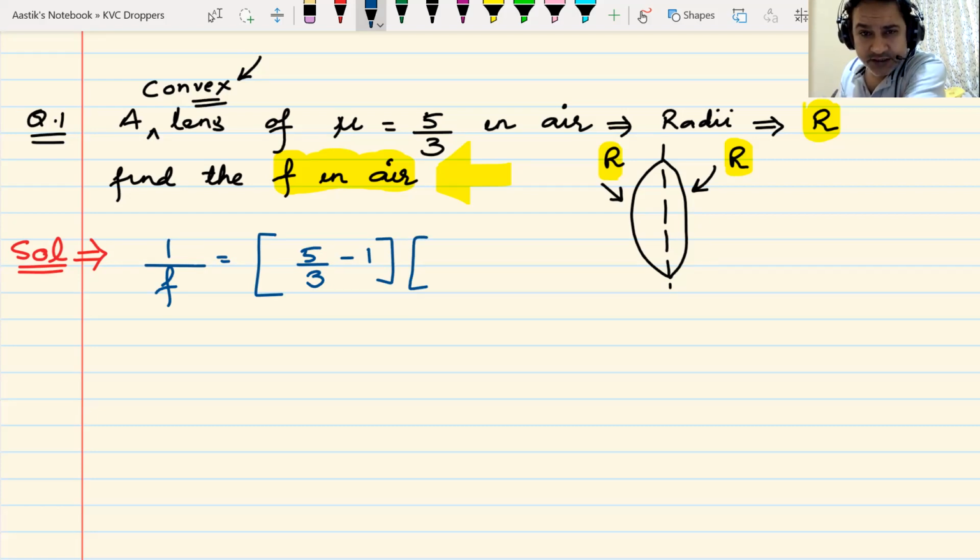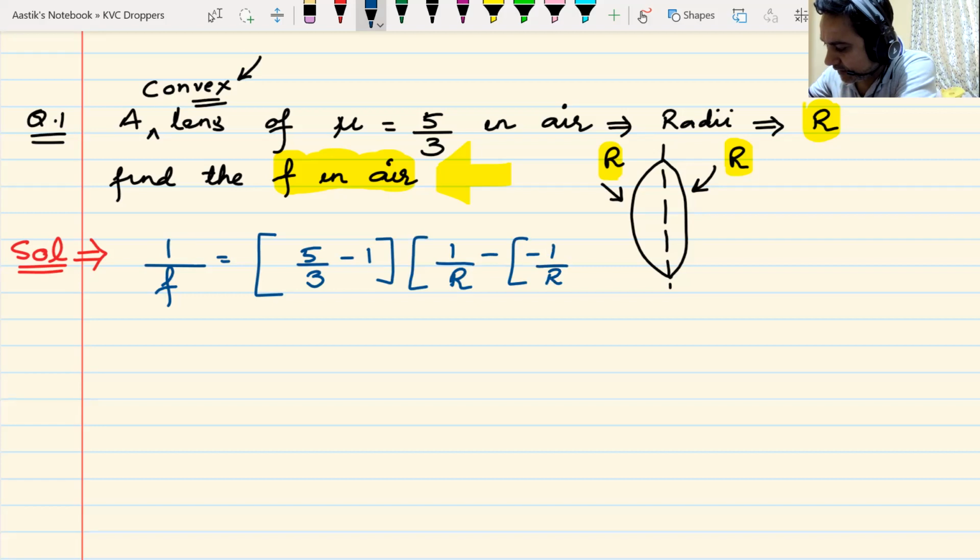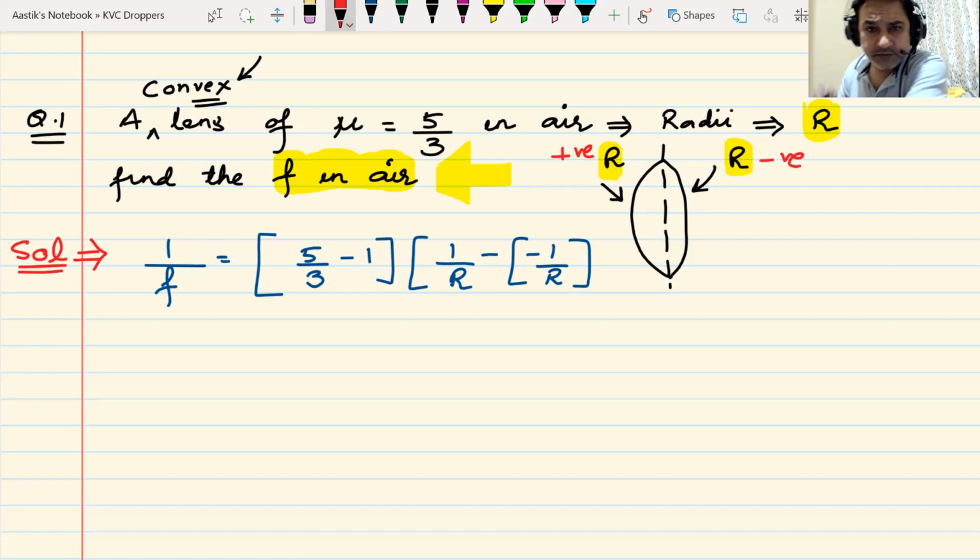Is it positive or negative? This r would be positive, yes or no? Yes, sir. Minus 1 by r2. Now r2, is that r positive or negative? It is negative. Do we understand this? This r is positive and this r is negative.